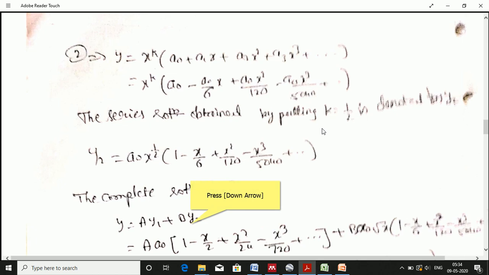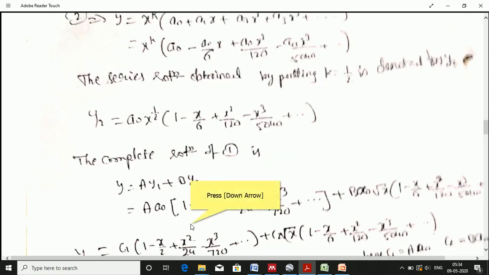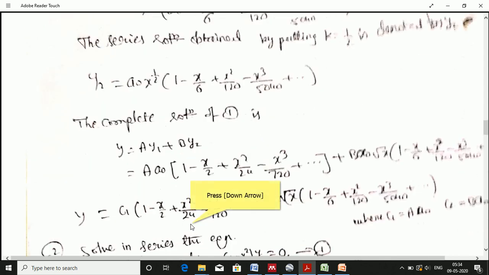Therefore, y2 is equal to a0 into x power 1 by 2 into 1 minus x by 6 plus x square by 120 minus x cube divided by 5040 plus so on. This is another solution. So the complete solution of equation 1 is y is equal to a into y1 plus b into y2. I substituted the y1 and y2 values.